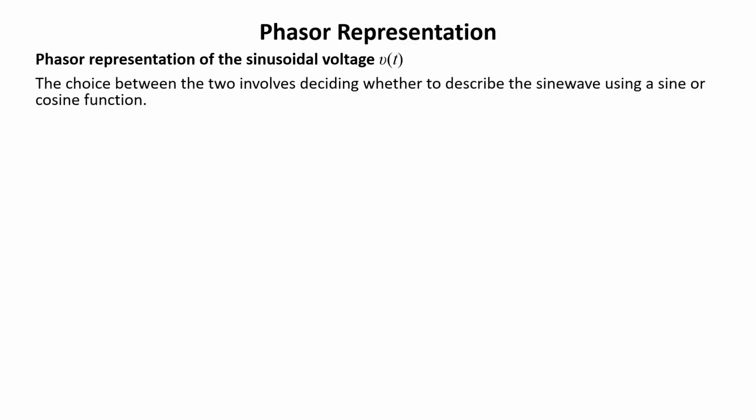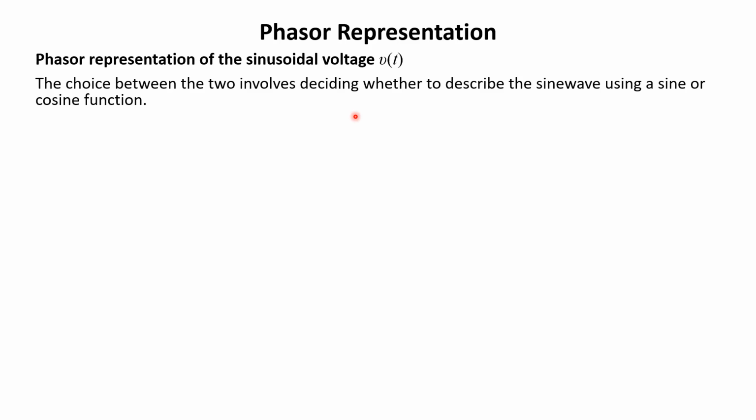Now, how do we represent a sinusoidal voltage v(t), which is expressed in time, in the form of a phasor? The choice involves deciding whether to describe the sine wave using a sine or cosine function. In Euler's representation, e^(j theta) is cosine theta plus j sine theta, so cosine theta is the real part and sine theta is the imaginary part.